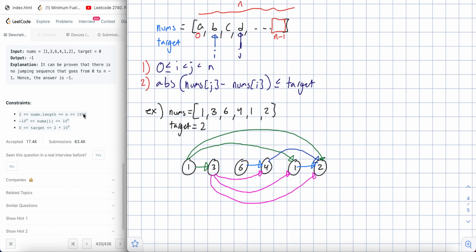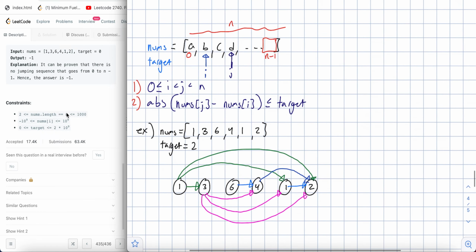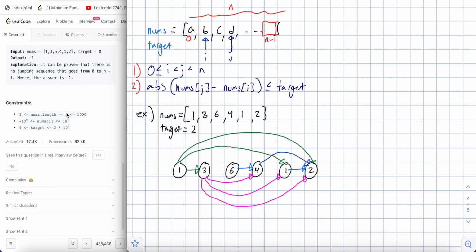Because in Leetcode, at least, anything around 10 to the 6 or less in terms of the runtime is fine. Just as a side note about constraints and how they can really help you solve problems: if n is less than or equal to 1,000, that means in the worst case n equals 10 cubed.